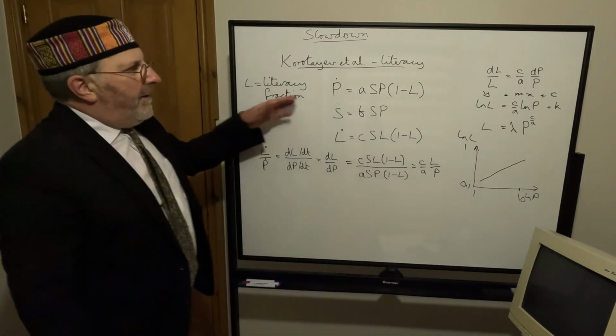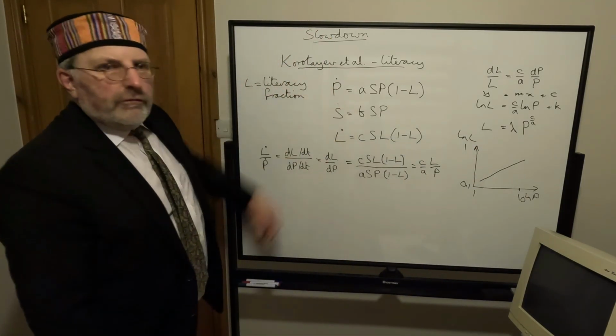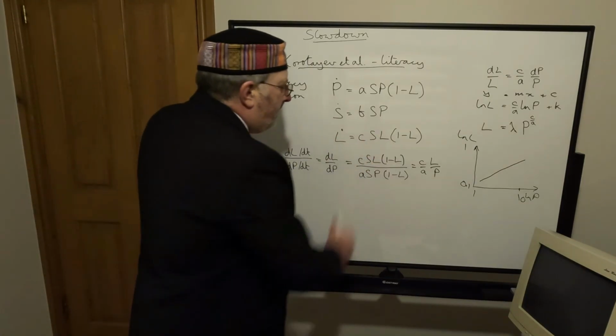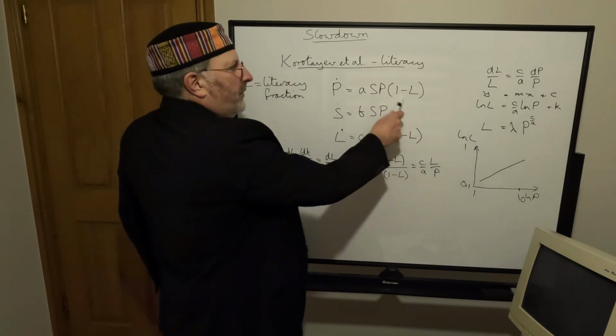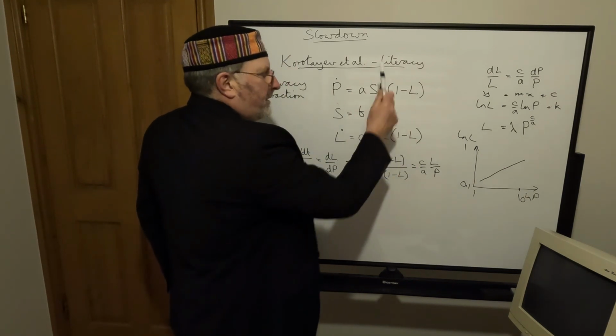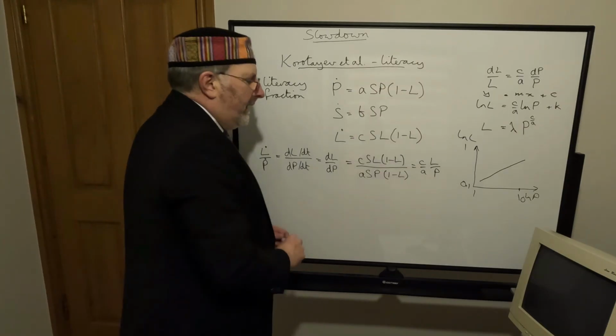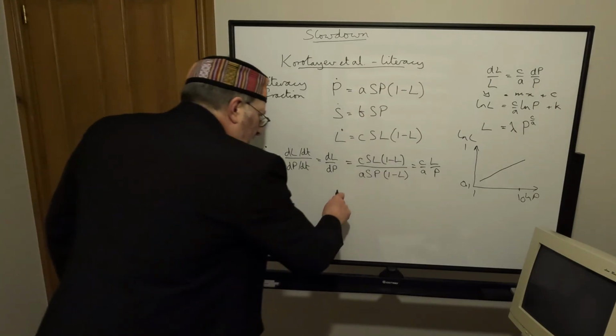So in other words, their model seems to work, it seems to make sense, and it implies clearly that population will slow down as literacy reaches its maximum value. So it clearly explains why there's going to be a slowdown.